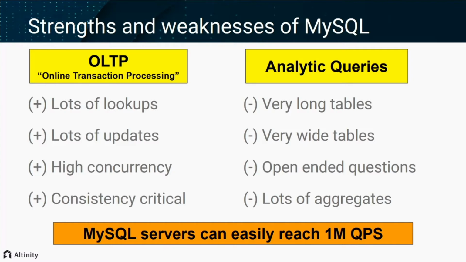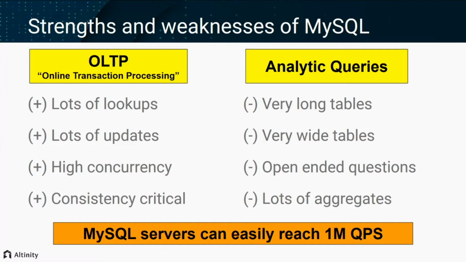This is where we're dealing with data that is very large, in the sense that you could have a huge fact table, for example, of instrument ratings or web logs or something like that. It could be very wide. This airline data, as we see, actually has 109 columns. You could be asking open-ended questions where you don't necessarily have an index. You could be asking questions about any of the columns in the table.